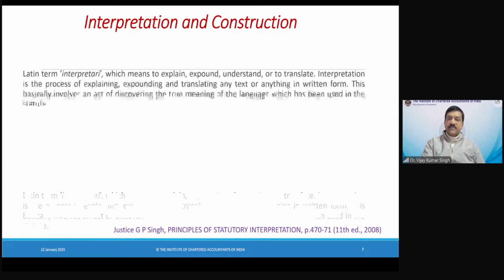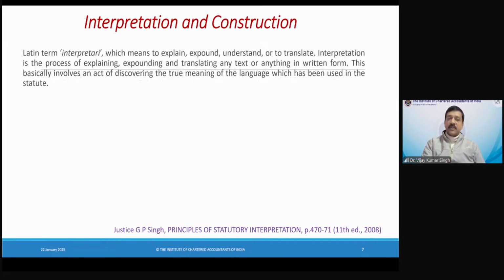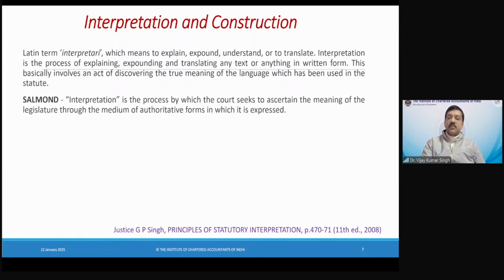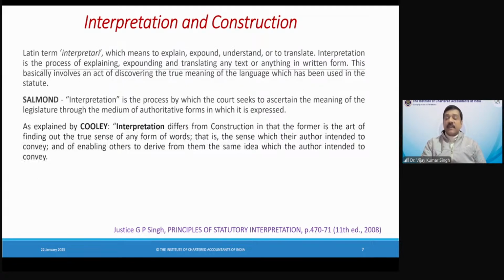And as we saw, the distinction brought up by Salmond, who defined interpretation, said interpretation is the process by which the court seeks to ascertain the meaning of the legislature through the medium of authoritative forms in which it is expressed. Cooley also gave a definition of interpretation, and said how it is different from construction.